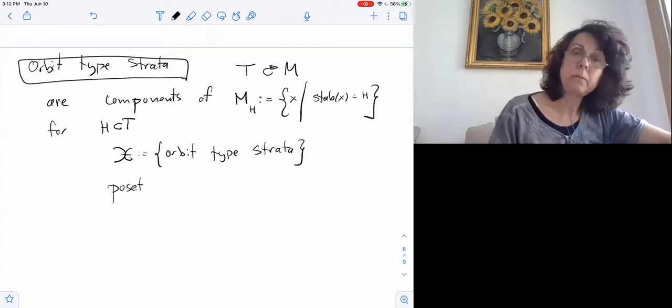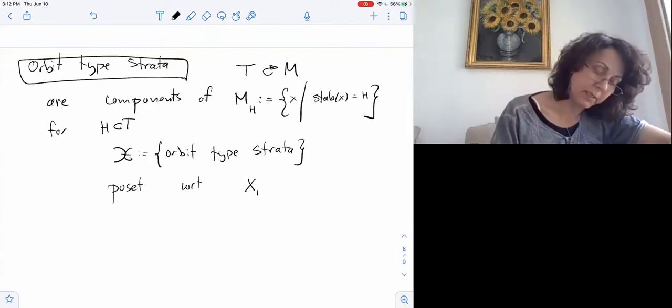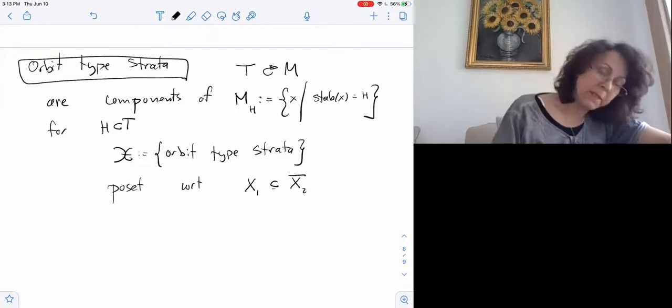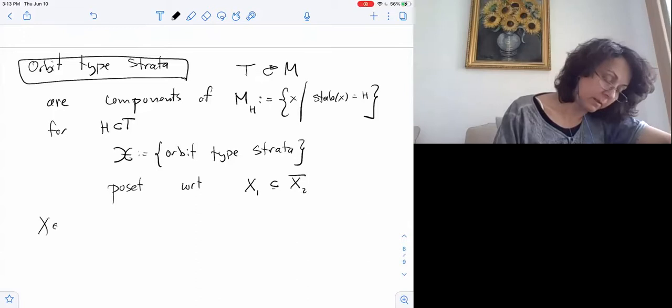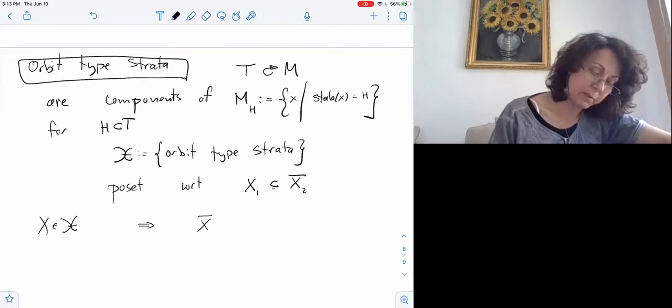The partial ordering is: one stratum is lesser or equal to another if it is contained in the closure of the other. Now, these closures are geometrically quite nice. If you take an orbit type stratum and take its closure, that closure will be a smooth, T-invariant symplectic manifold.